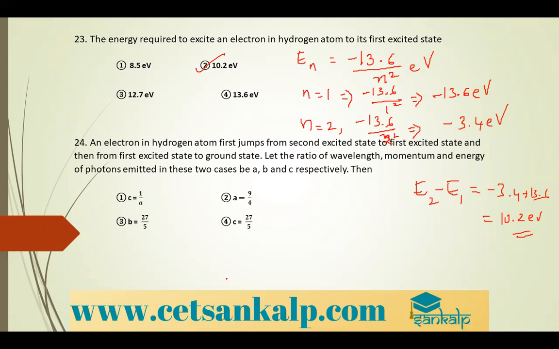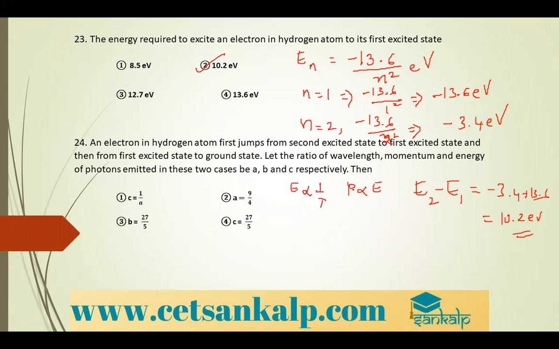So, in general, we can write E is proportional to 1 by lambda, and P is proportional to E. How are you going to say this? From the formula E is equal to hc by lambda, you can say E is inversely proportional to lambda.